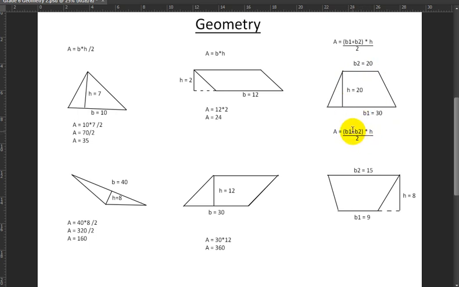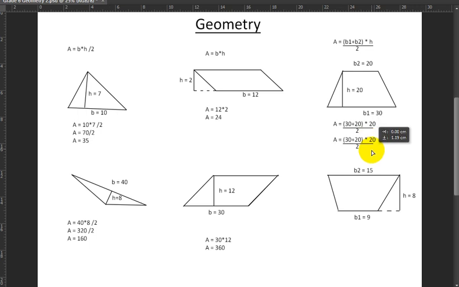So let's plug those numbers in. Where B1, 30, where B2, 20, and where H, 20. Okay, now let's move this a little bit because it's a little bit in the way.